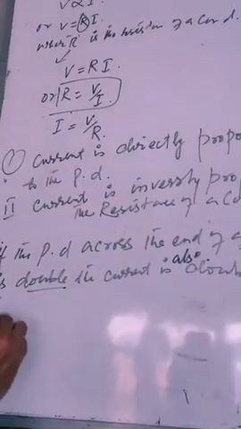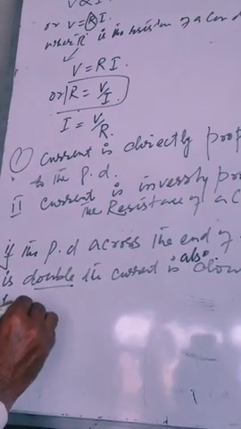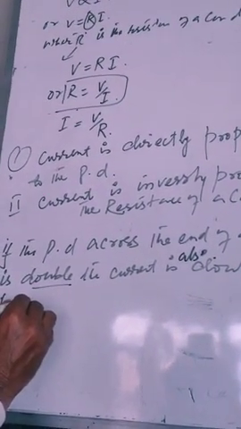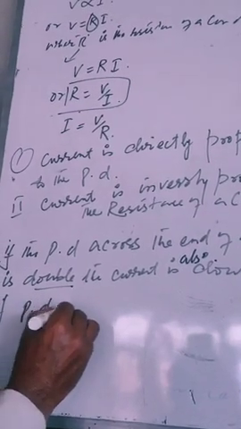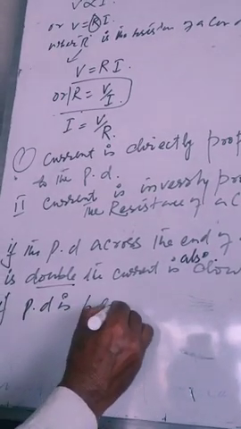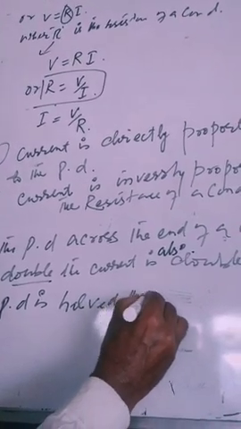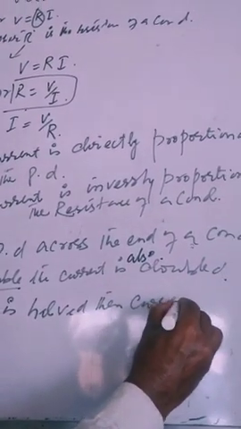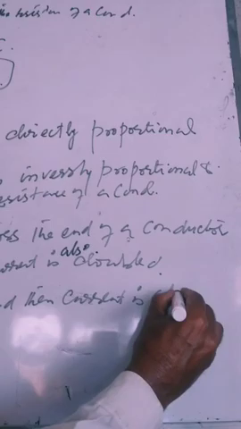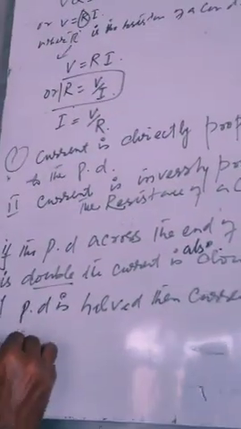If the potential difference is halved, then the current is also halved.